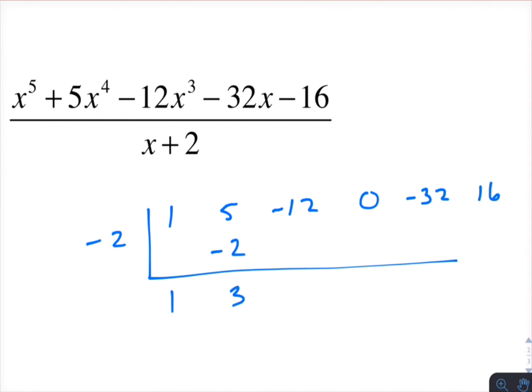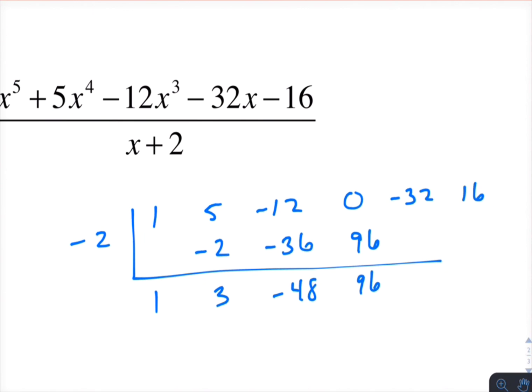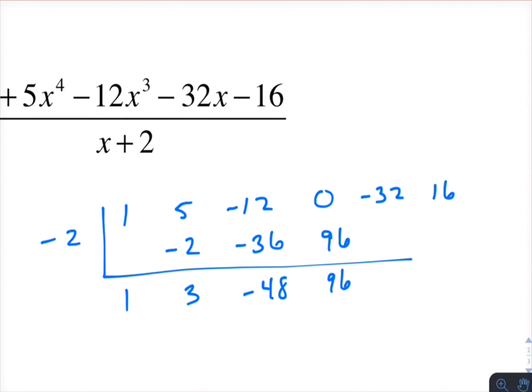Add. Multiply. Add. Multiply. Add. Multiply. Holy cow, this got big. 182. Nope, 192. So now we add those up and we get negative 224.